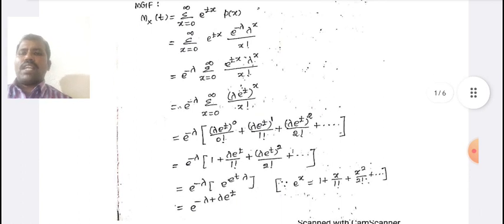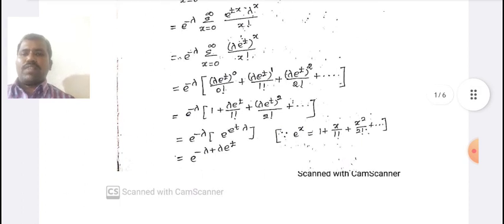That is e power minus lambda into summation x equal to 0 to infinity of e power tx into lambda power x divided by x factorial, which is e power minus lambda into summation of (lambda e power t) whole power x divided by x factorial.